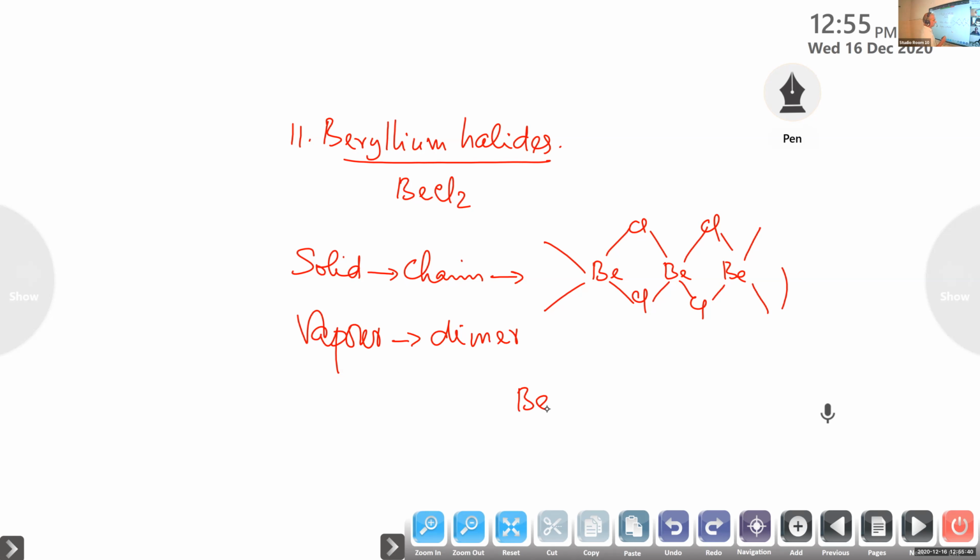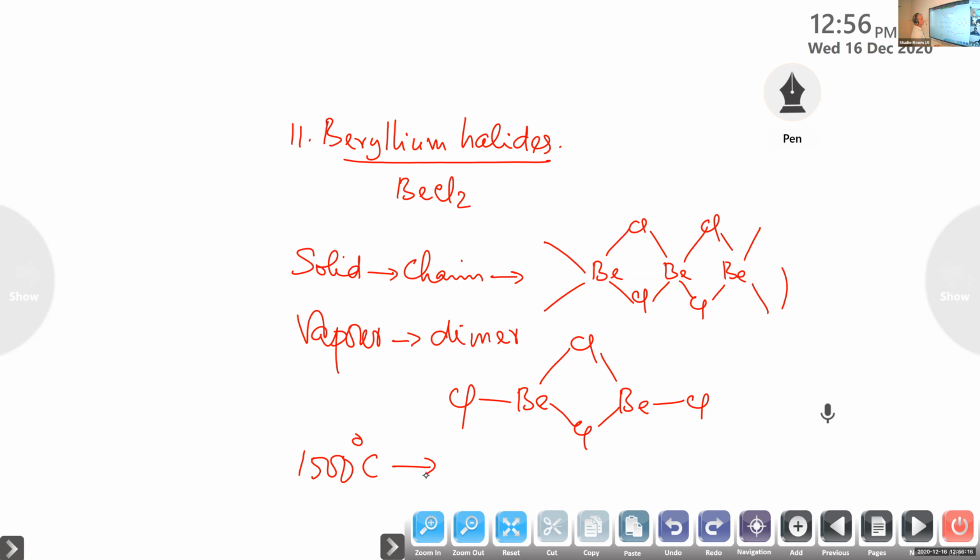See, beryllium, chlorine, like this. So it exists as a dimer. In the vapor state, beryllium chloride exists as a dimer. You heat it to a temperature of about 1500 degrees Celsius.